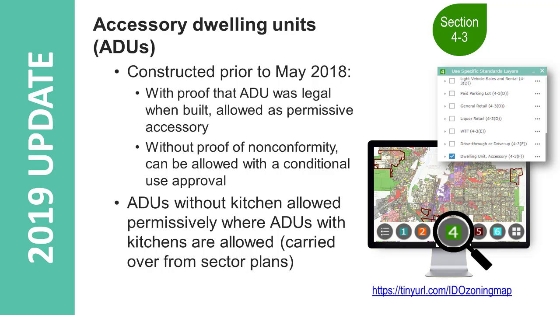If you can't prove that it was legal when you built it, then you're going to have to come in and get a conditional use approval from the city in order to use it as an accessory dwelling unit. And if you don't get it approved because you can't prove that it's not going to be harmful to your neighbors, let's say, then you can use it for storage. You can use it as a structure, but you can't use it as an accessory dwelling unit. So that's how we're taking care of that moving forward.